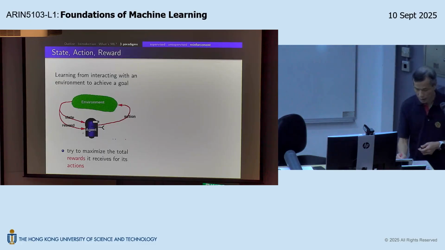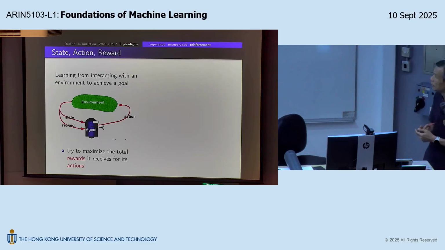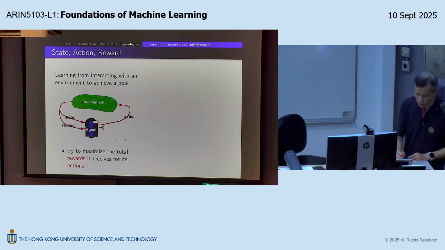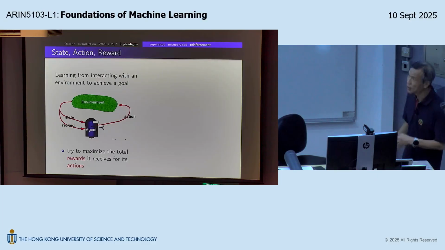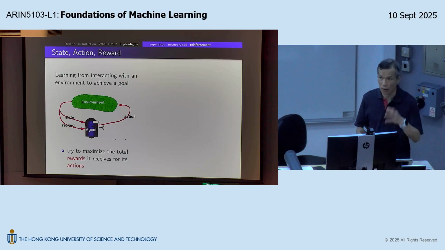This is you, the learning agent. You are trying to interact with the environment, just like in the previous example where you try to give a correct classification of the input image.